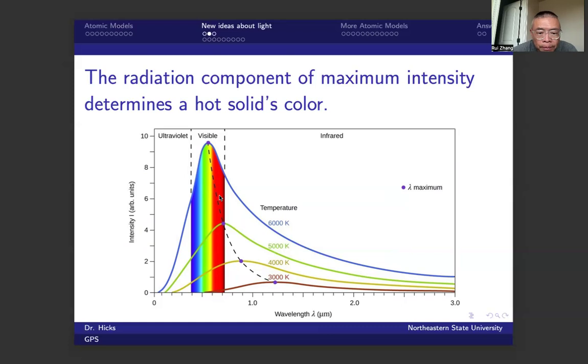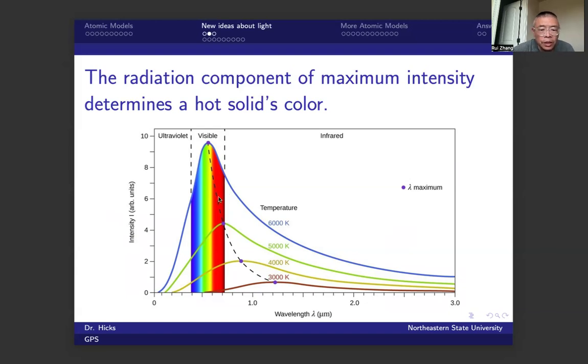The higher the temperature is, the smaller the wavelengths you have, or the higher the frequency. The radiation goes as a spectrum, but roughly speaking, the peak at each temperature corresponds to some wavelength. As you increase your temperature, the peak of this radiation gets to smaller and smaller wavelengths.